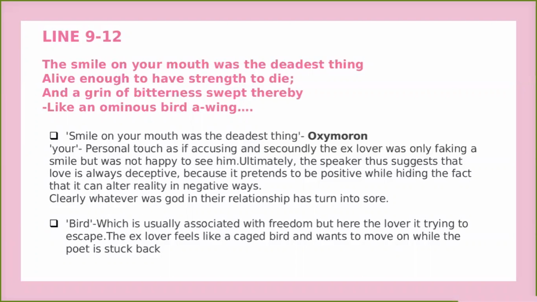So the bird here symbolizes the caged bird who wants to move on, who wants to fly, who wants to gain freedom. And while the poet is stuck back in that particular cage, the ex-lover has moved on and escaped the relationship.